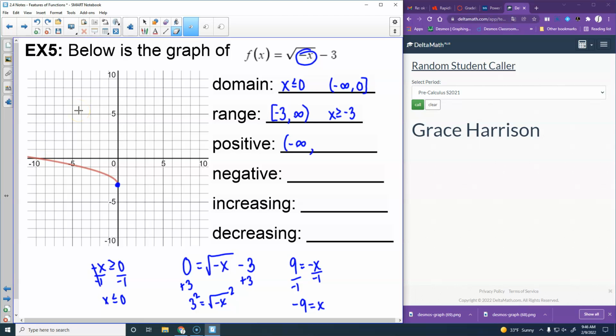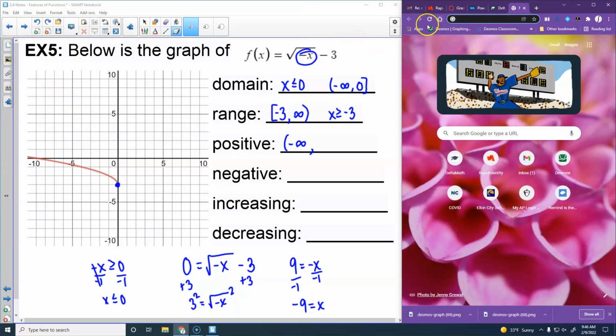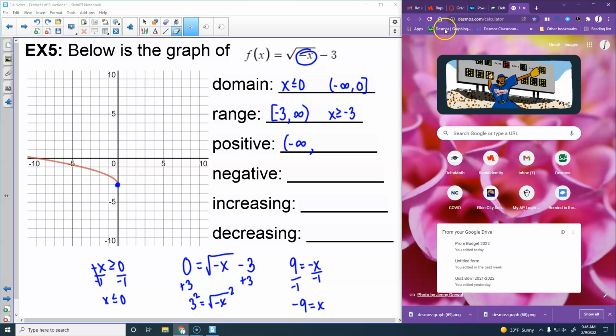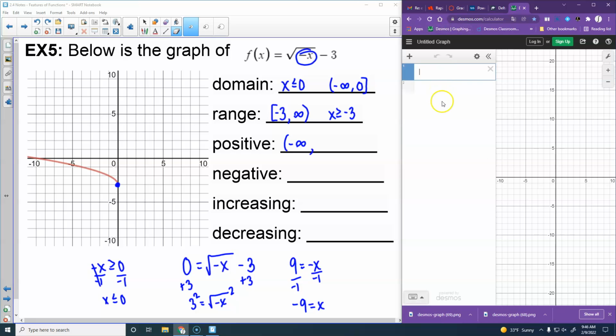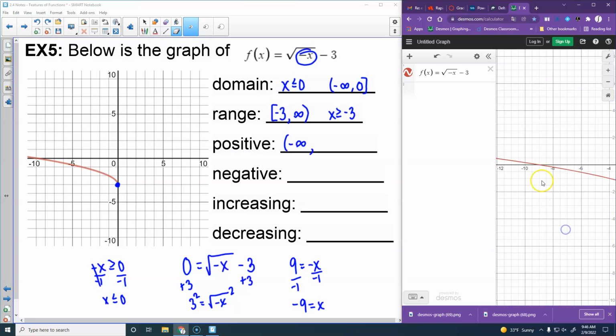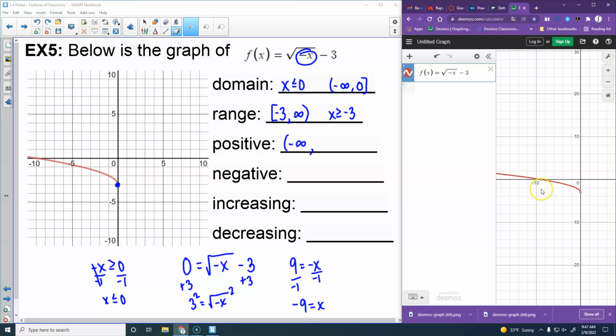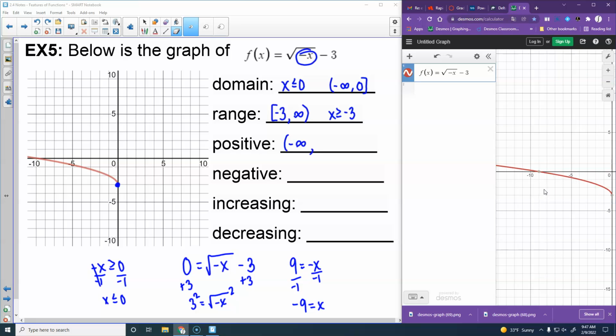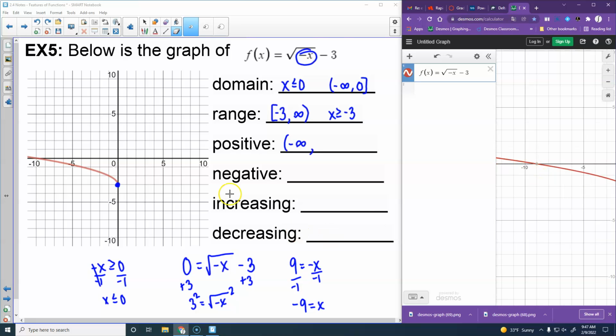Yeah, I don't know. Let me just type this in Desmos real quick. I think that graph is a little off. Well, it looks kind of the same there when you're zoomed out a little bit, but yeah, it should cross at -9 perfectly.